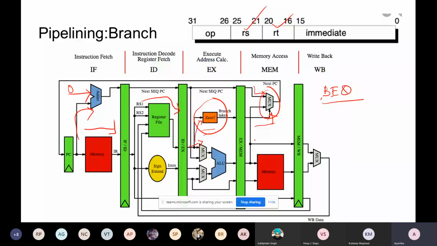So that input is coming from your ALU output, right? This one is what your ALU output is giving if the branch is taken, where your PC will jump. And if this equal-to-zero condition is not satisfied, then your PC will jump to just the immediate next instruction.